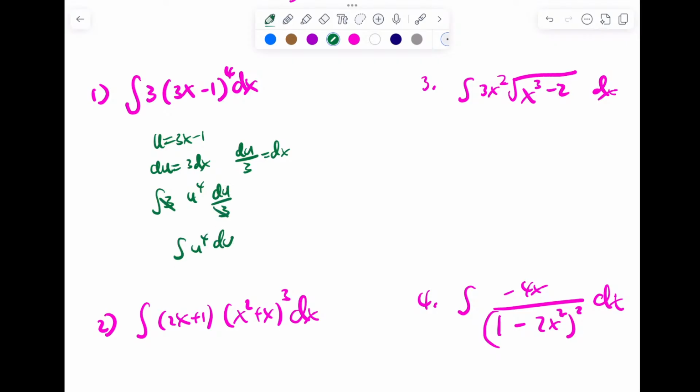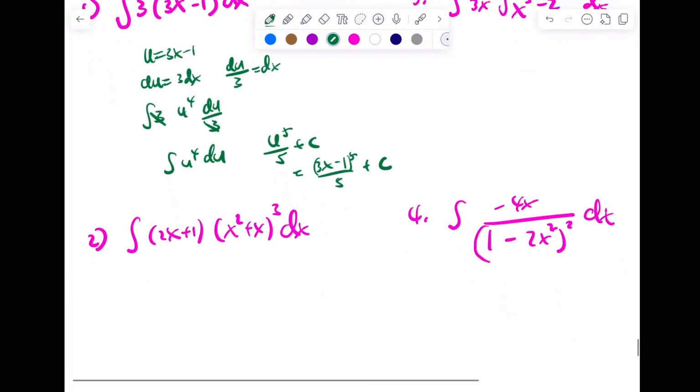X squared plus x to the fourth, plus c. Did everybody get the first one? Olivia, did you get it? Did you get the first one, the same answer as everybody else? We'll go to the next one.